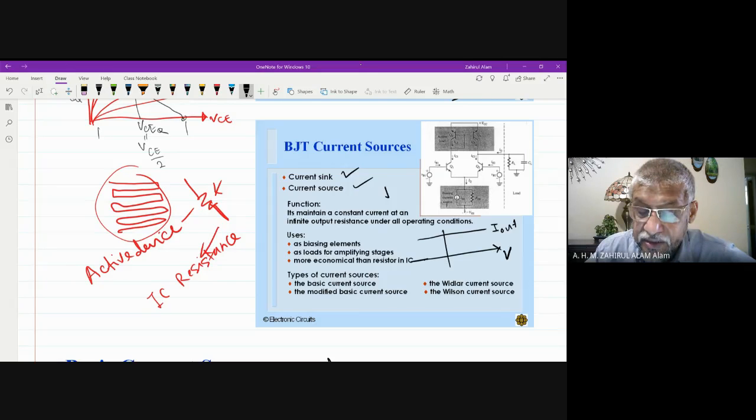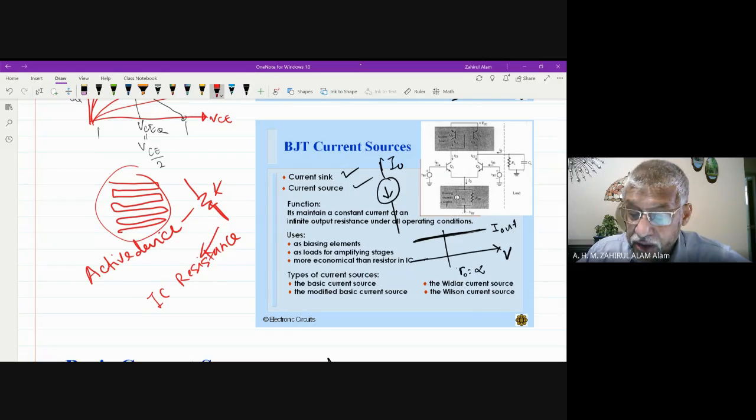So if it is a current source, this I out is constant, remains the same without variation. This is the ideal case. In this case, the output resistance of this current source is infinity.